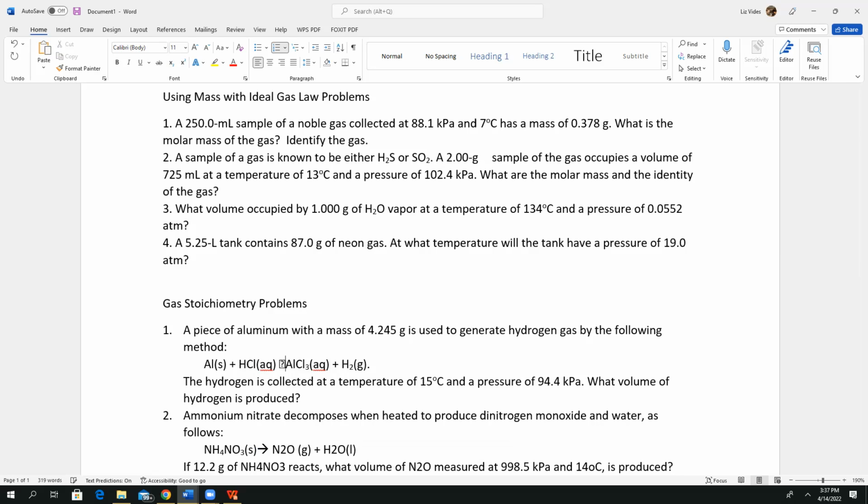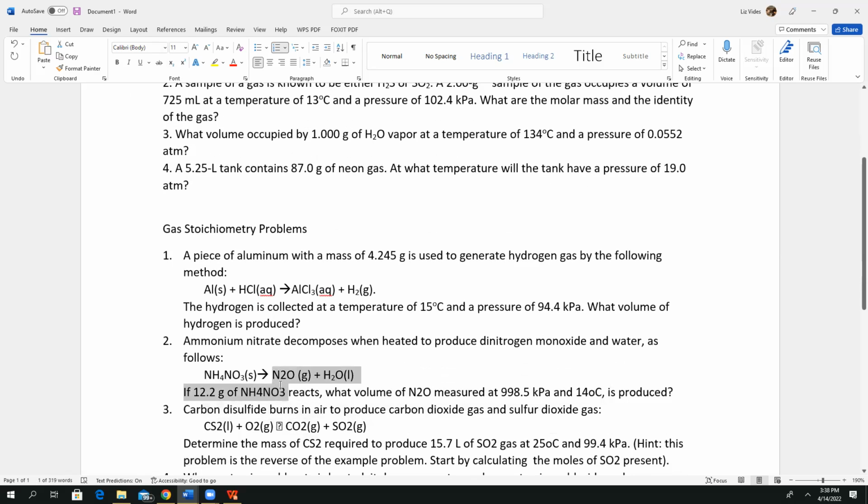I just noticed there's no arrow. Oops, sorry. Oops, did I move it? I'm just trying to hurry up and get this done for you guys.